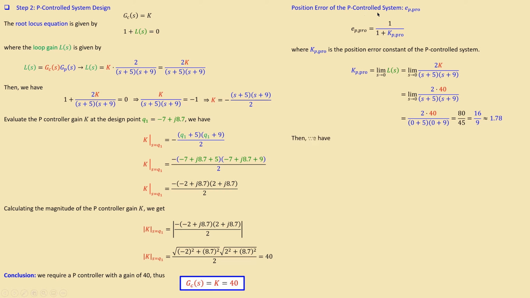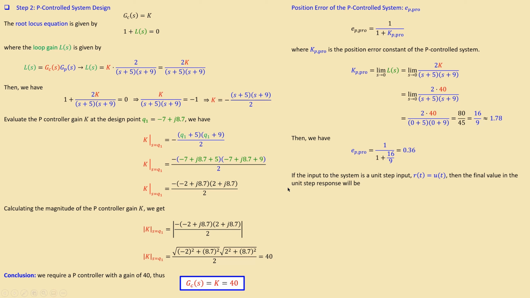I will have 1 over 1 plus 16 over 9, and it will be 0.36. That's actually an exact value. That means the following. If the input of the system is a unit step, where you make a step with a height of 1, amplitude 1, then the final value in the unit step response, which is the output y, will be the input minus the error.